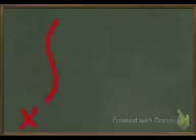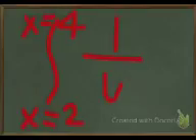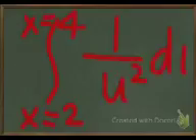The limit we haven't changed yet, that means it's still x, so from 2 to 4. I put the x because I didn't change the limit yet. I just changed everything, the integrand and the differential. Then I'm going to have 1 over u squared du.